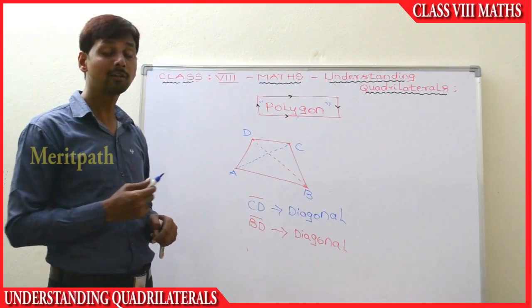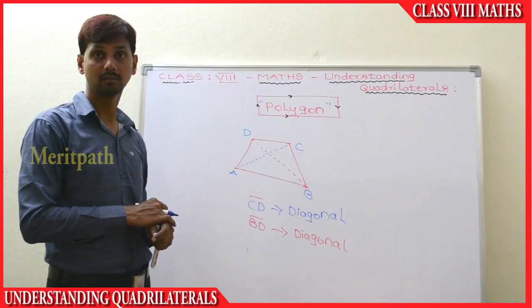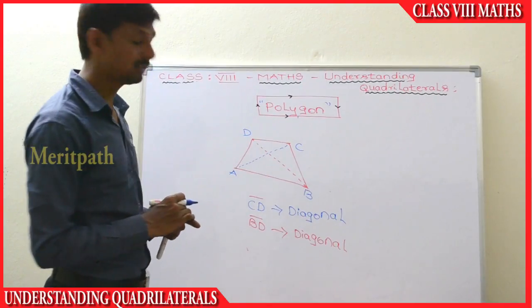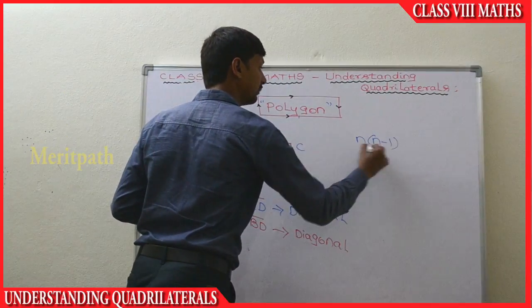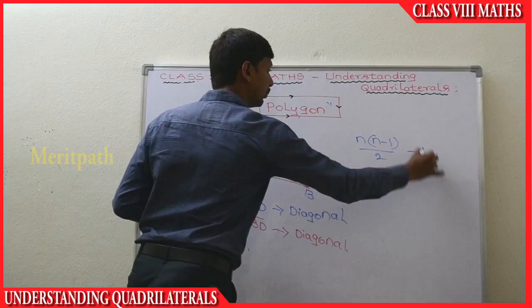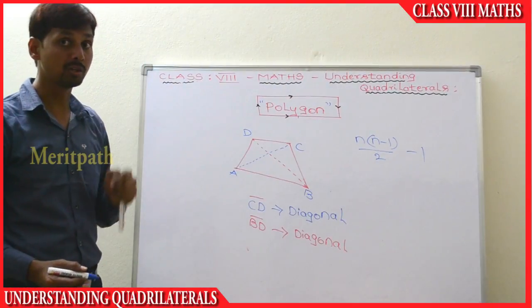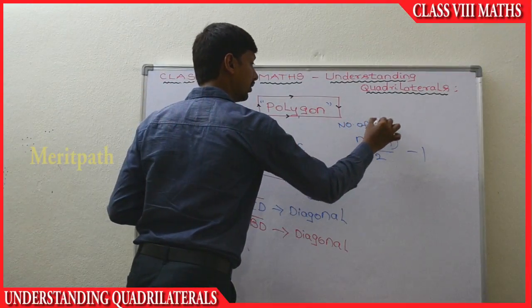To find the number of diagonals of a polygon, we have a rule: n into n minus 3 divided by 2.